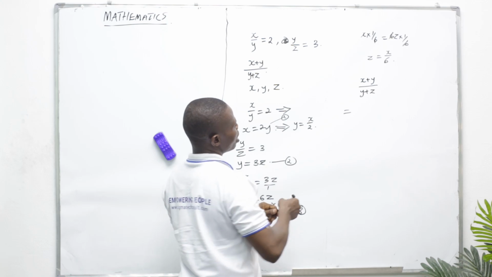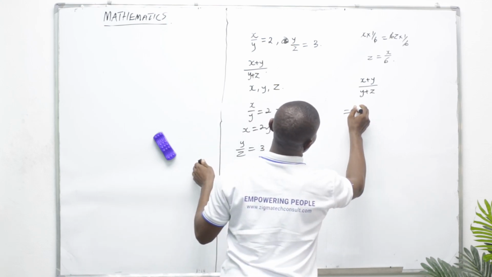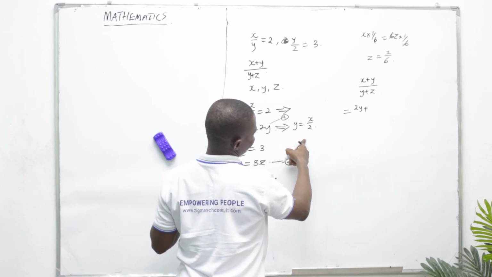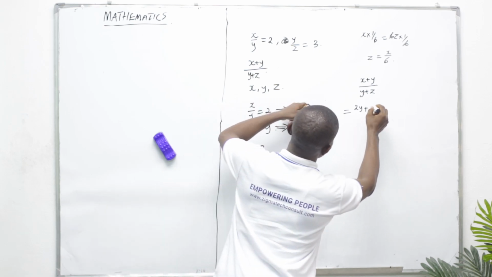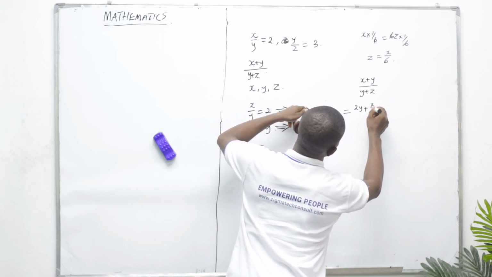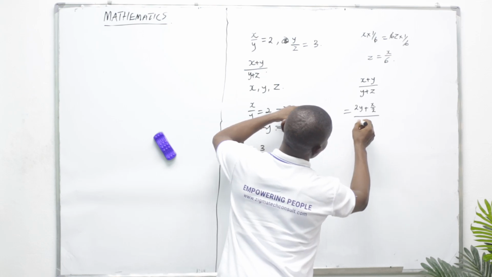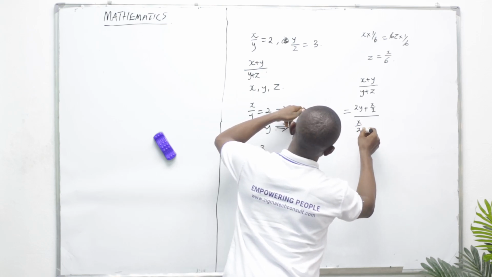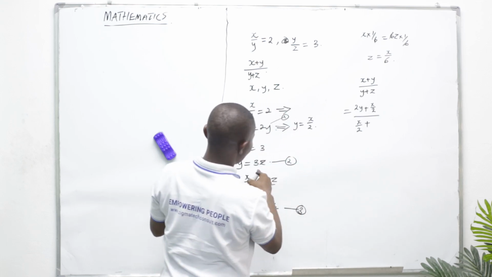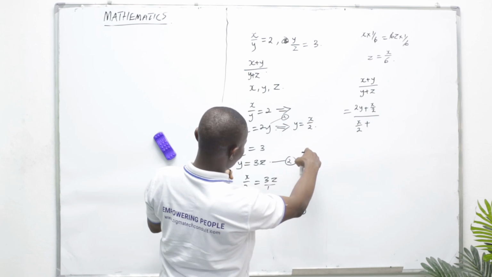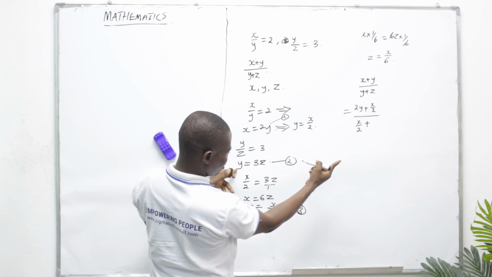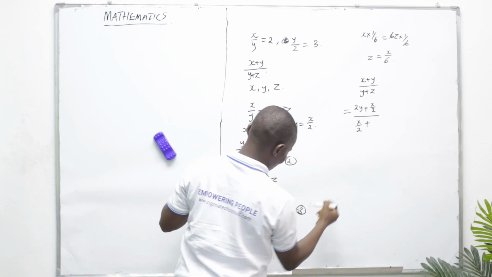If x is 2y, I will write what? 2y plus, what is our y? x over 2. Okay. Y again? x all over 2. All of z. Y is x over 2. Or y is 3z. Let's see what will happen.